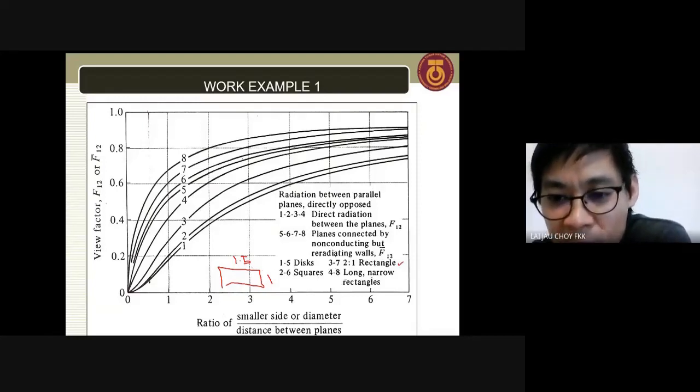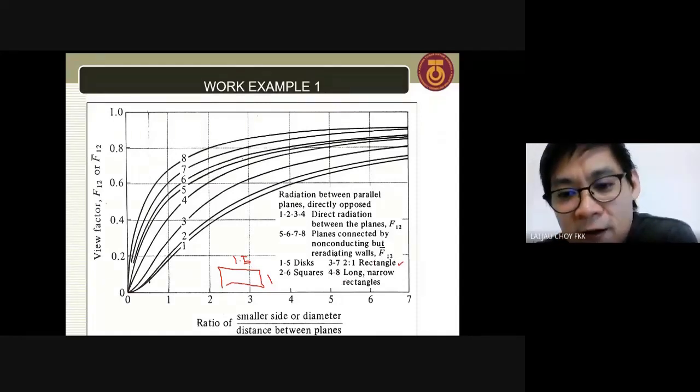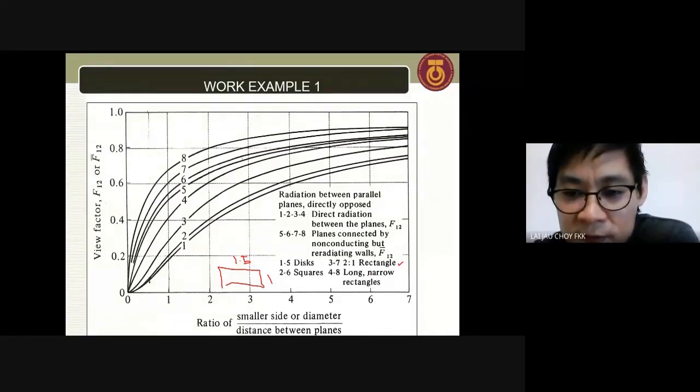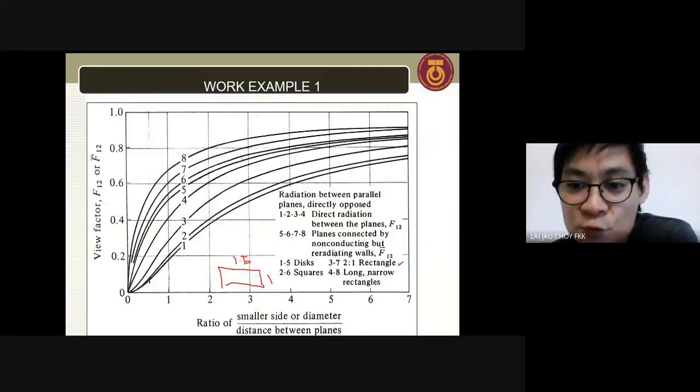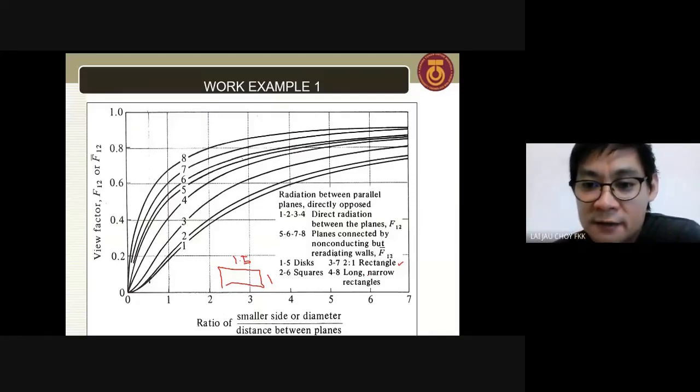If I compare to long narrow rectangle, the length should be at least 2 times as compared to the width, because now you have a category of 2-1 rectangle.